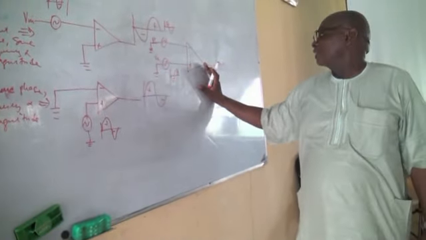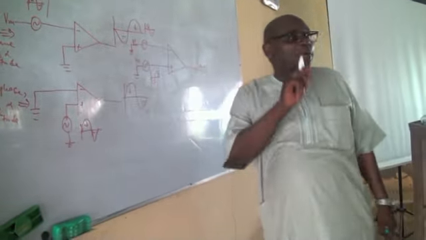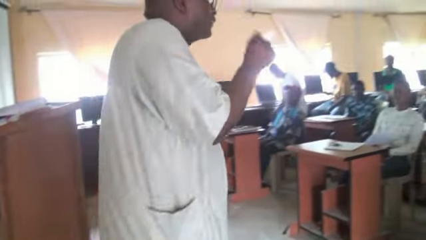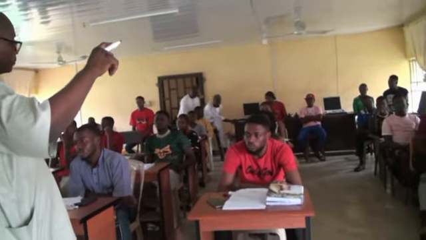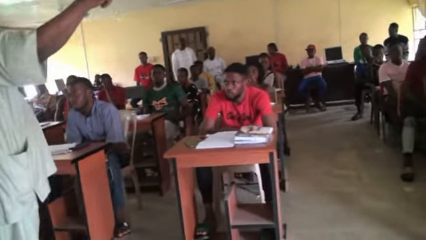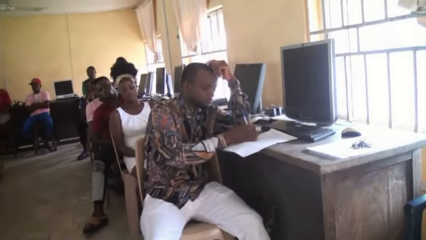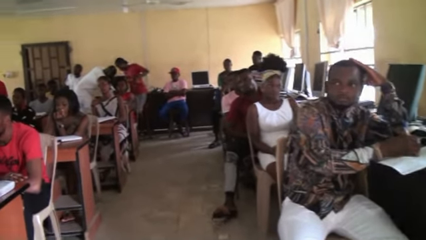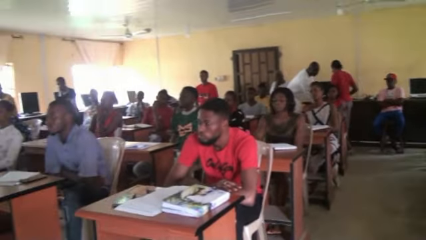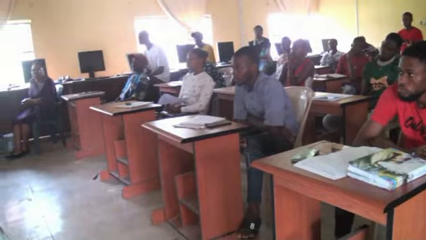So the output is determined by the difference of the differential inputs. If the difference is positive, the output is going to be in phase. But if it's negative, it's going to be out of phase with the input signal. If I say in phase, I mean the input signal has the same phase, frequency, and direction as the output. If I say out of phase, then the input signal is not in the same phase with the output signal. So that is that.